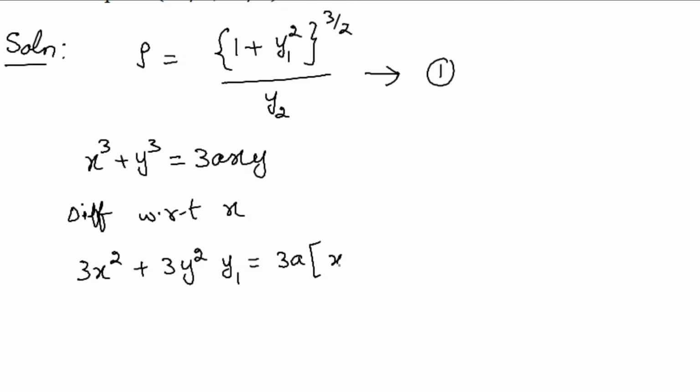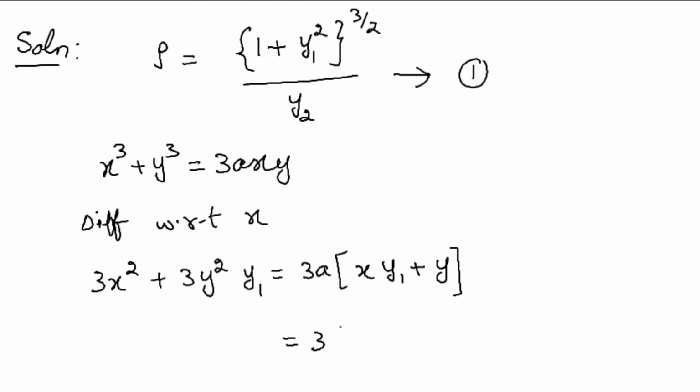X into differentiation of y will be y1, uv dash plus vu dash. So keeping y as it is, differentiate x, derivative of x will be 1. Or further, if I try to multiply over here, I'll keep 3 as it is, multiply a inside, it becomes axy1 plus ay.